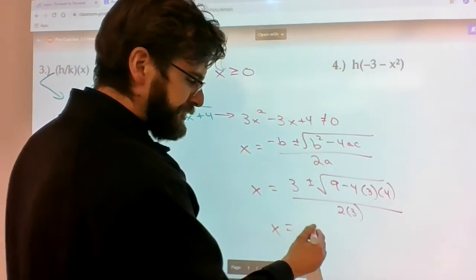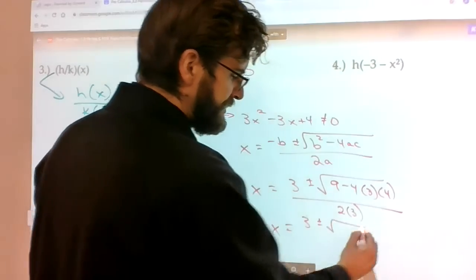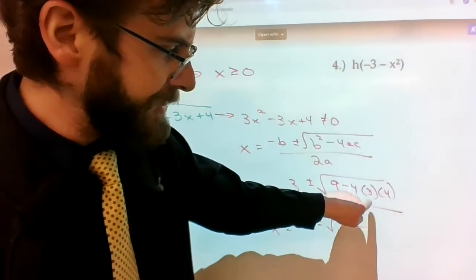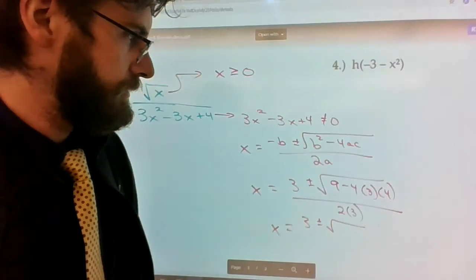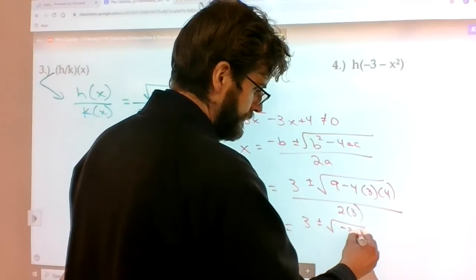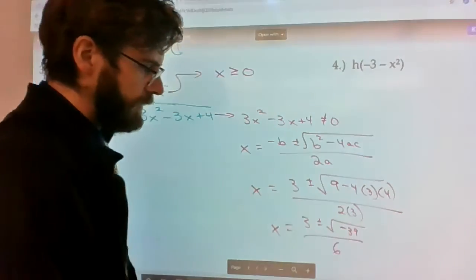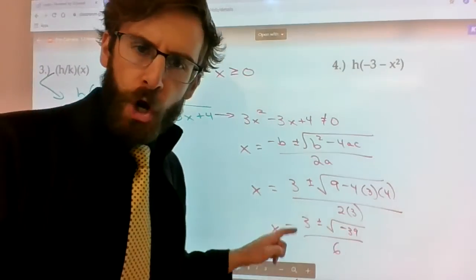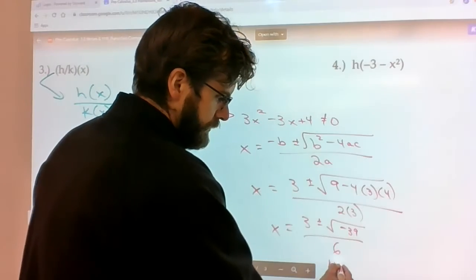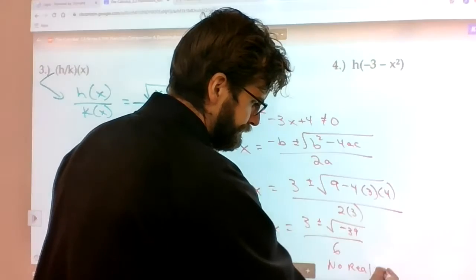All right, this is an interesting thing. Inside the root, I get a negative number. It's going to be 9 minus 48. 9 minus 48 is negative 39. Which means there's no real solution here. No real solution.